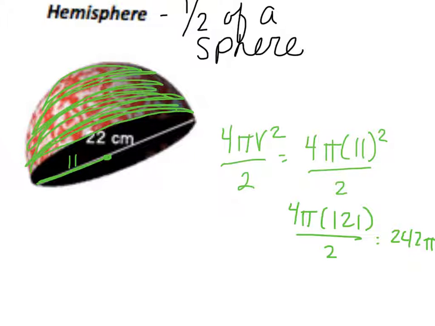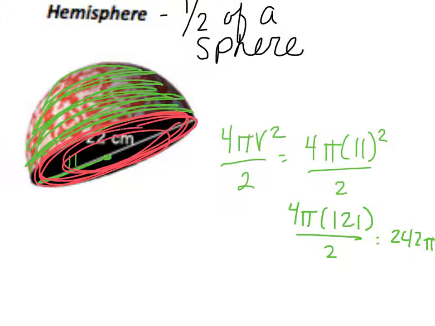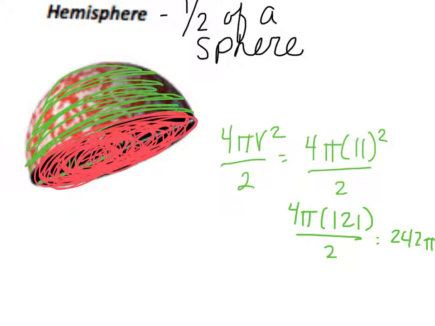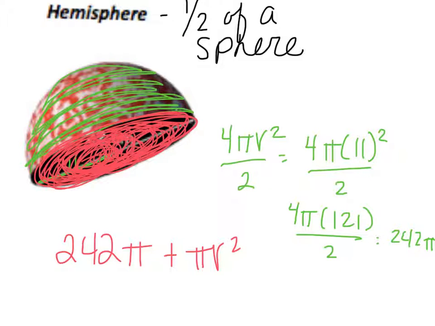When I made the half sphere, I cut across a circle. You need to include this base as part of your surface area because it counts now. When you cut a sphere, you do create more surface area. You create a base. So in addition to the 242 pi, I need to add in another pi r squared to find that total surface area.